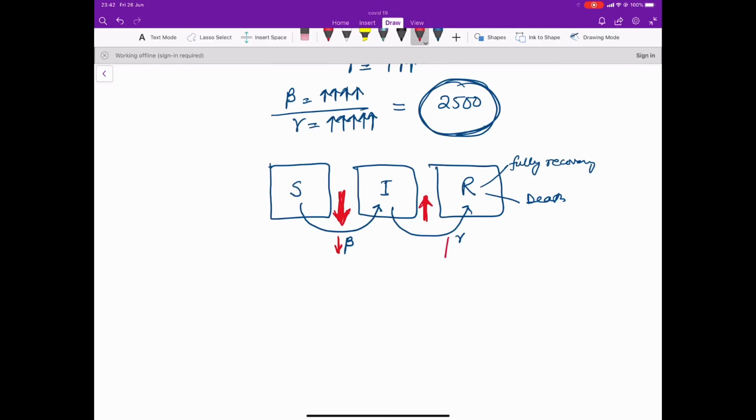So in other words, we want to increase R, but again, as I said, there is a caveat here. R can increase if the case fatality is also increased. If more people are dying, then definitely people are not remaining infected, and that also increases it, but we don't want that. So remember, if we want to increase gamma, that should be at the expense of full recovery, by giving, let's say, good ICU care or proper treatment, so that we can recover them.